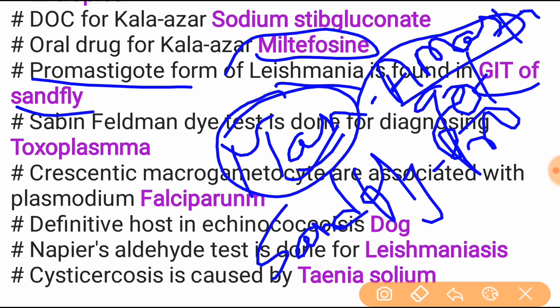That means if blood is taken and cultured, then the amastigote form becomes the promastigote form.